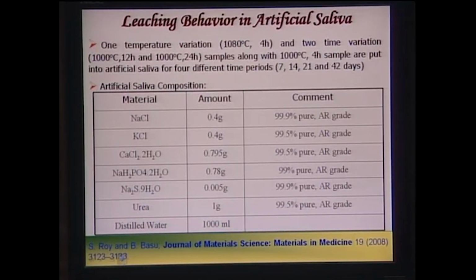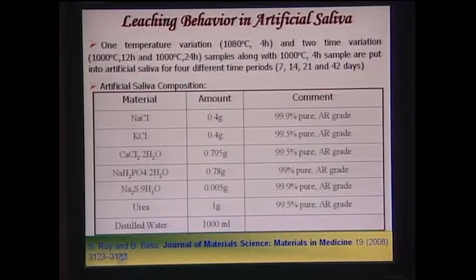Now, in order to assess whether these glass ceramic materials have good in vitro biomineralization property, this was assessed by immersing them in artificial saliva. Artificial saliva closely simulates the oral environment. Oral environment means inside the mouth, what is the content of this aqueous environment, that is what has been mimicked by artificial saliva.